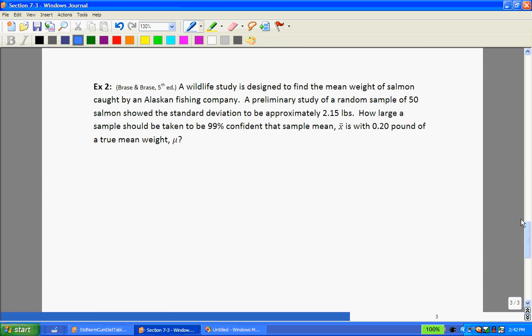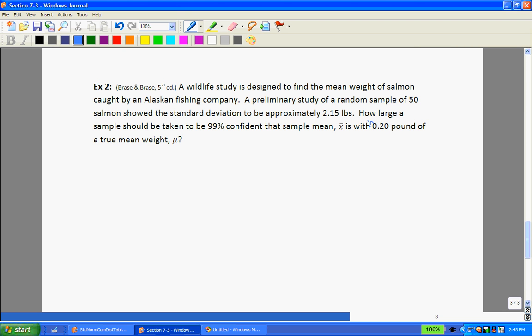Example 2. A wildlife study is designed to find the mean weight of salmon caught by an Alaskan fishing company. A preliminary study of a random sample of 50 salmon showed the standard deviation to be approximately 2.15 pounds. How large a sample should be taken to be 99% confident that the sample mean x bar is within 0.2 pound of a true mean weight mu?